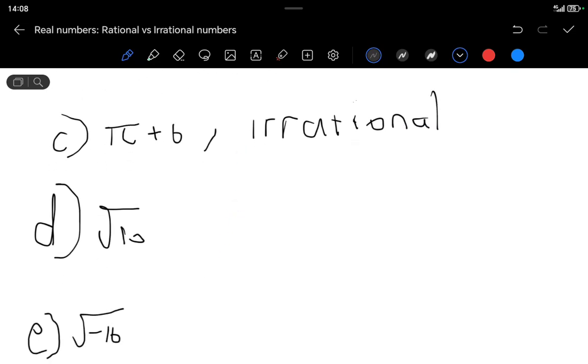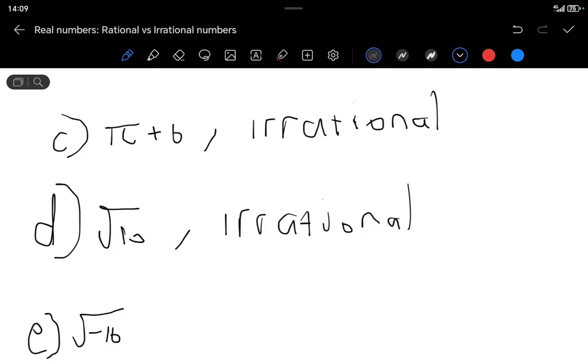Next, the square root of 10. 10 is not a perfect square. This makes it irrational. Because when you put the square root of 10 in a calculator, you get a number with a decimal part whose digits do not repeat and do not stop going.